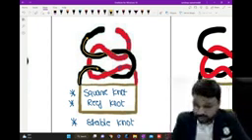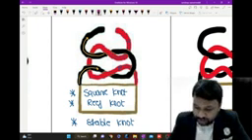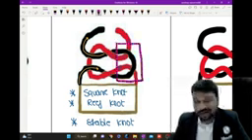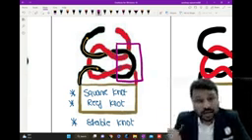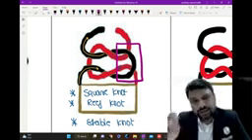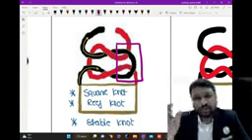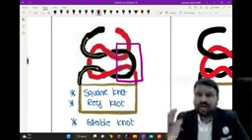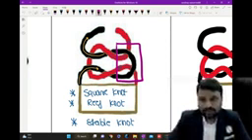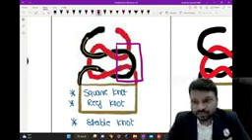So if you look at one particular end and examine, you have to see whether both the threads are going under the loop or over the loop. If they are following the same direction, under or over, that is reef or square. If one is going above, one is going below, that is what we call the granny's knot. Clear? Very, very important.